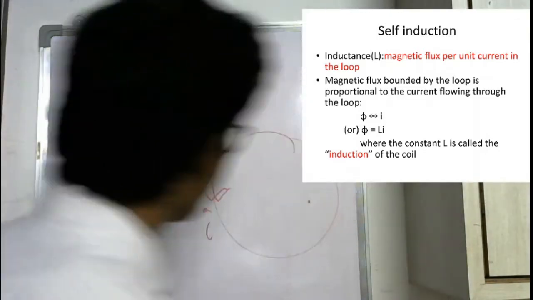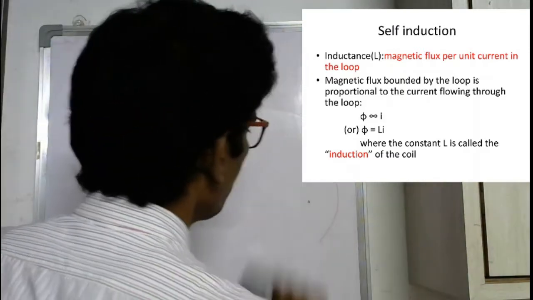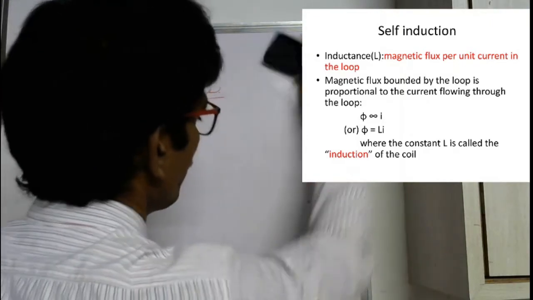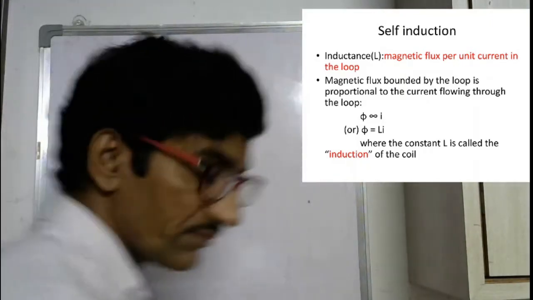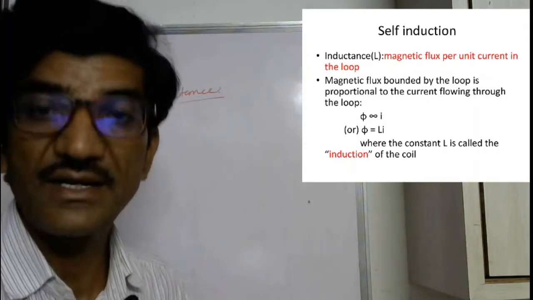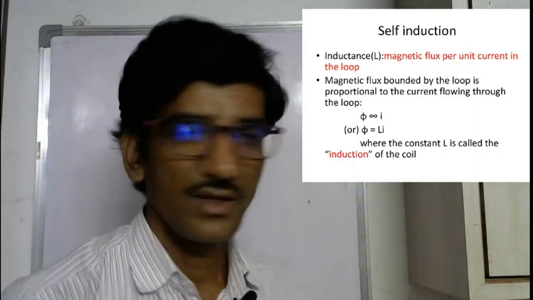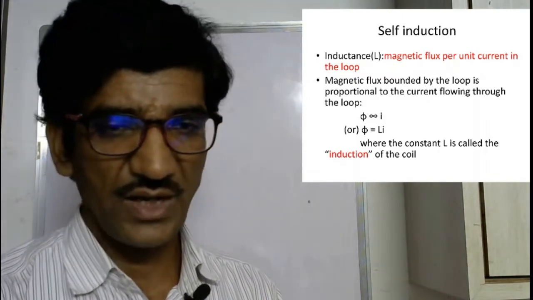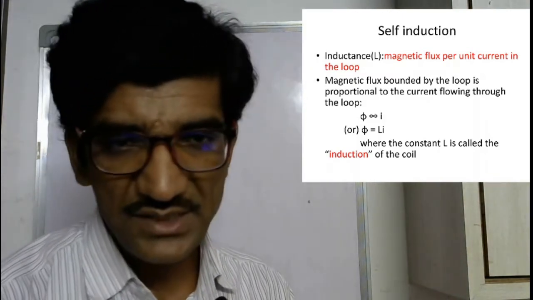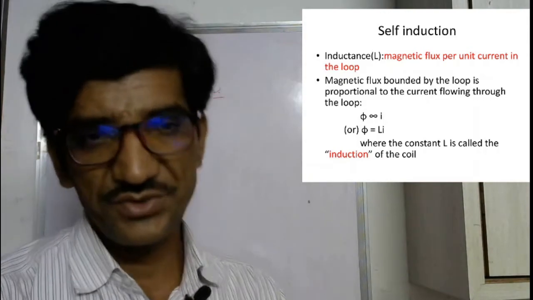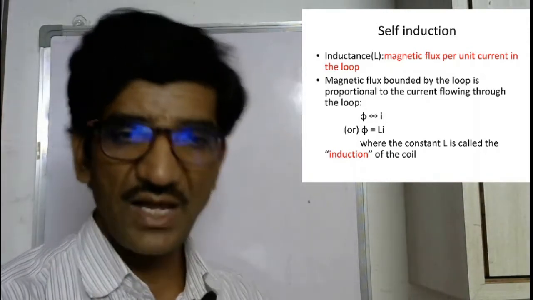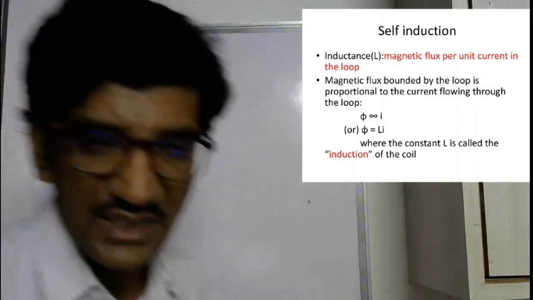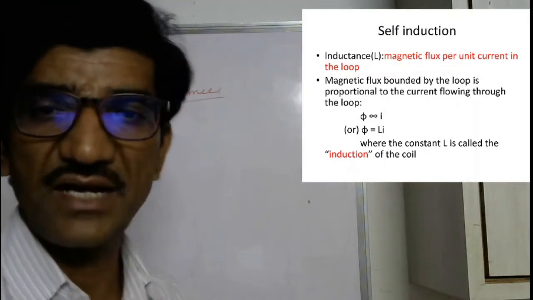Now let us see the origin of this definition of inductance. Let us study the phenomenon of self-induction. You have one coil, you have some current in it, and you have some induced flux. Due to that flux, you have one more EMF, the self-induced EMF or EMF of self-induction.